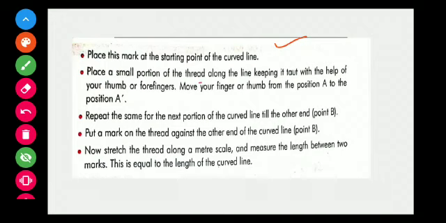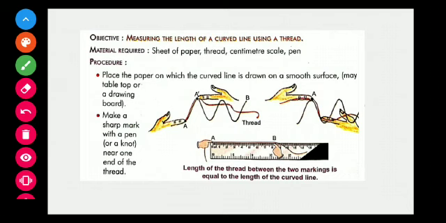Place a small portion of thread along the line, keeping it taut with the help of your thumb or forefinger. Move your finger or thumb from position A to position A dash, and repeat the same procedure for the next portion.